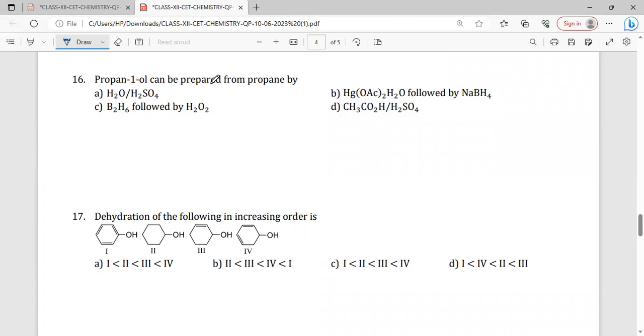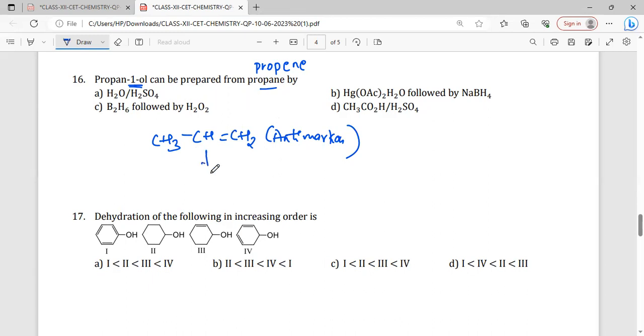Propan-1-ol can be prepared from propene. Okay, this question should be propene. This is a straight question, and we know that if we want propan-1-ol, the product is being formed via anti-Markovnikov's addition, right?